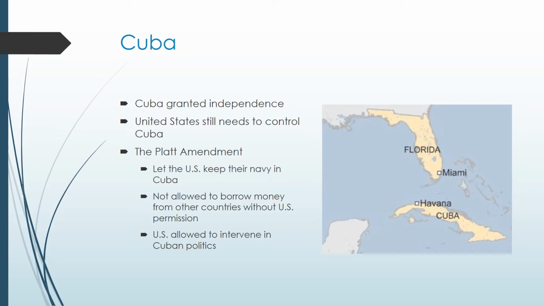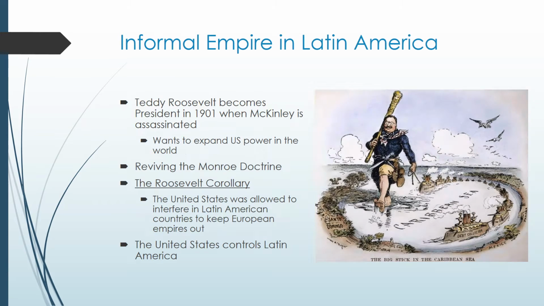It prevents Cuba from borrowing any money from other countries unless the United States gives Cuba permission. And it lets the United States intervene in Cuban politics whenever it wants. So basically, Cuba is allowed to do its own thing, but as soon as the United States changes its mind or wants Cuba to do something different, it's allowed to step in and change the way things go. So Cuba remains independent, but not really.